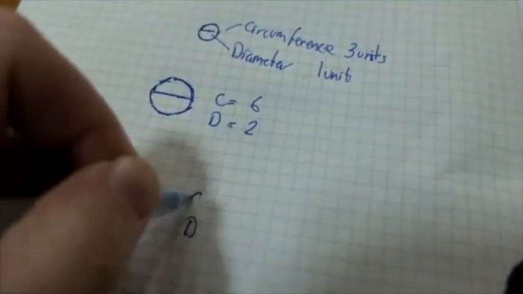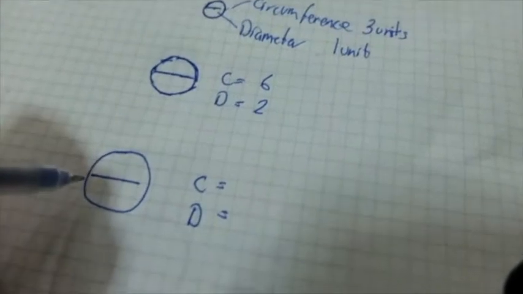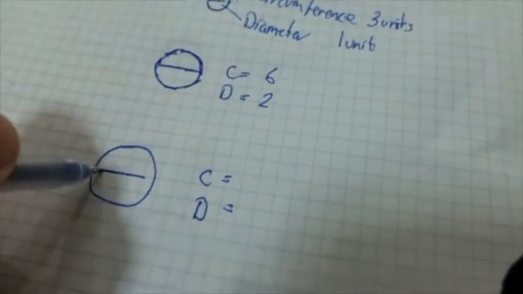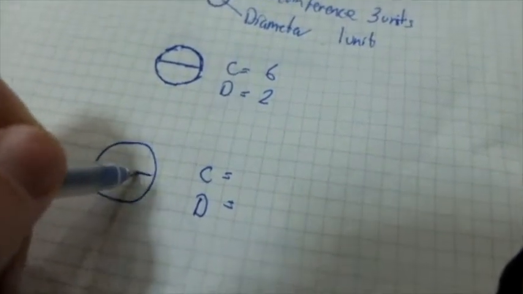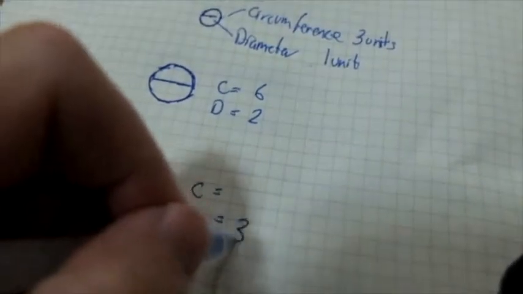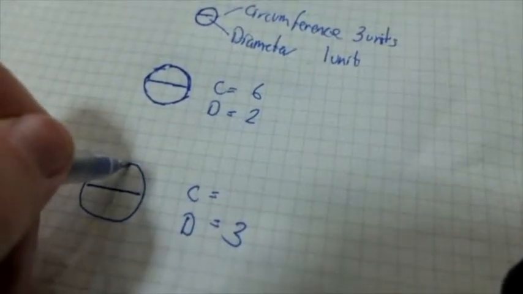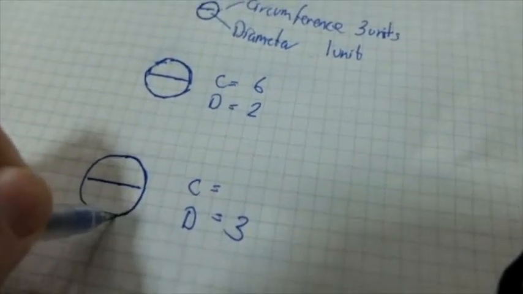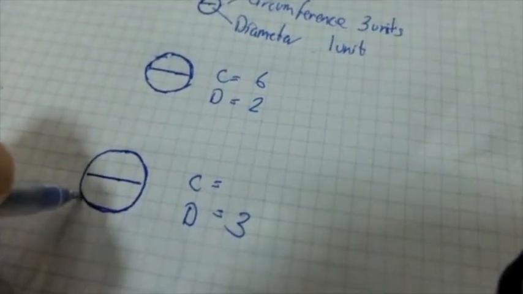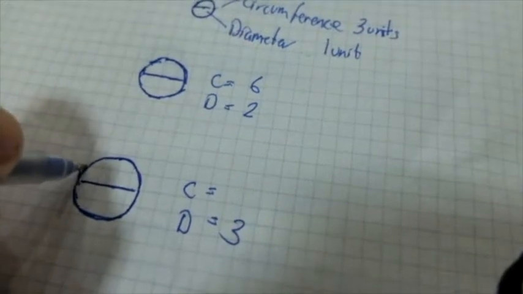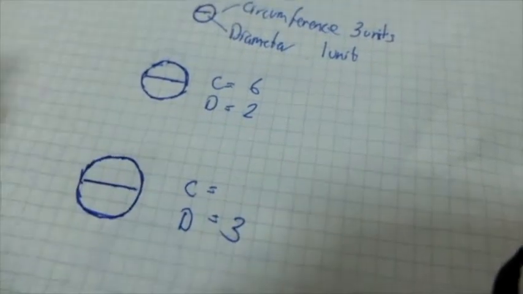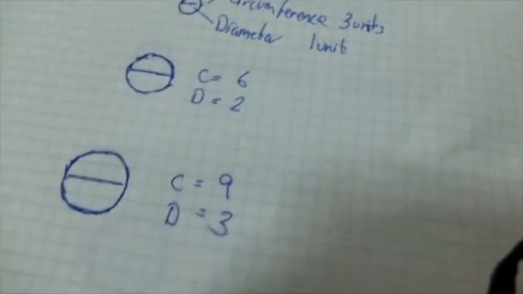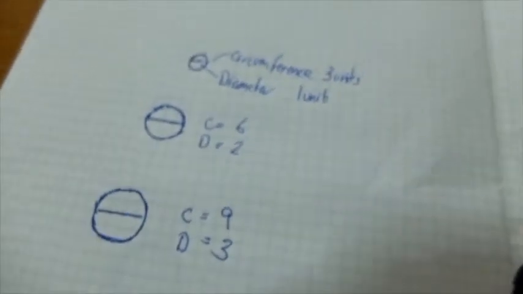So we've got the diameter and the circumference. In this case, the diameter is 1, 2, 3 units, and the circumference around is about 1, 2, 3, 4, 5, 6, 7, 8, 9. So the circumference is about 9 units around it.